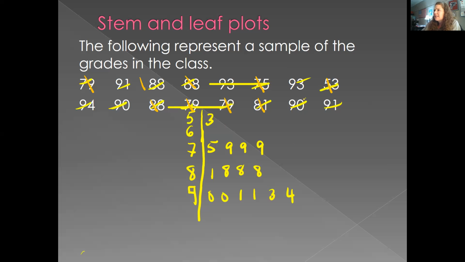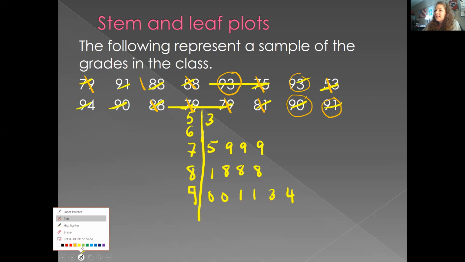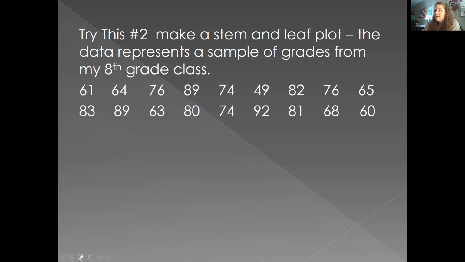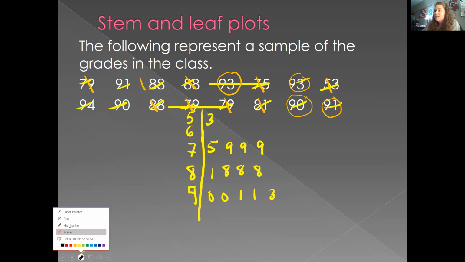And then 90s, I have 90, I have a 91, I have a 93, I have, oh, it's that 93, isn't it? Because I marked out the other one. All right, so that's what I'm missing. I should have 2 93s. All right, I have 2 93s and a 94, right?